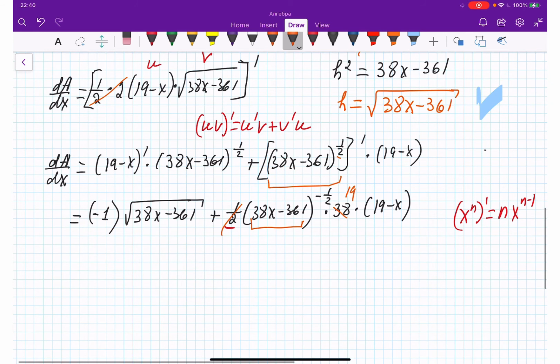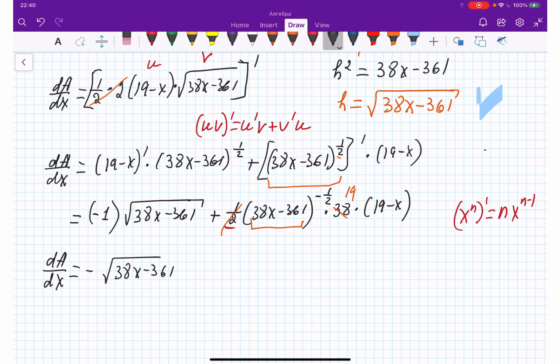So let me write down clean what we have. dA by dx is equal to negative square root of 38x minus 361 plus (19 minus x) times (38x minus 361) to power negative 1/2. It's going to come to the denominator because of the negative sign, right?